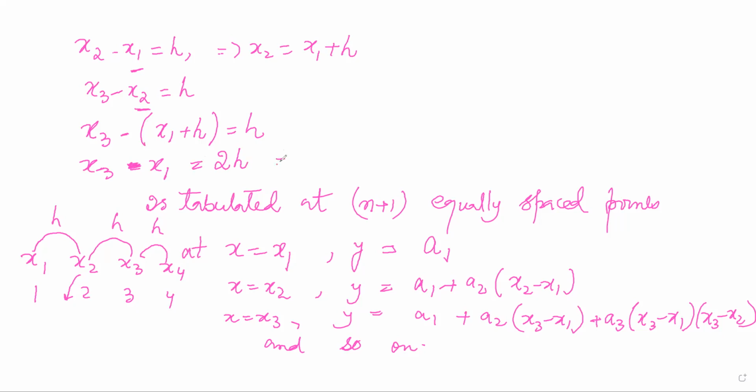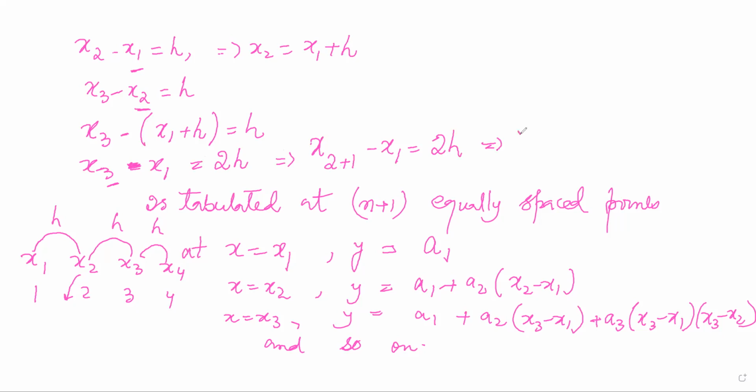We can also write x3 as x2 plus 1. So x3, which is 2 plus 1, minus x1 is equal to 2h. From this, we can derive a general expression.